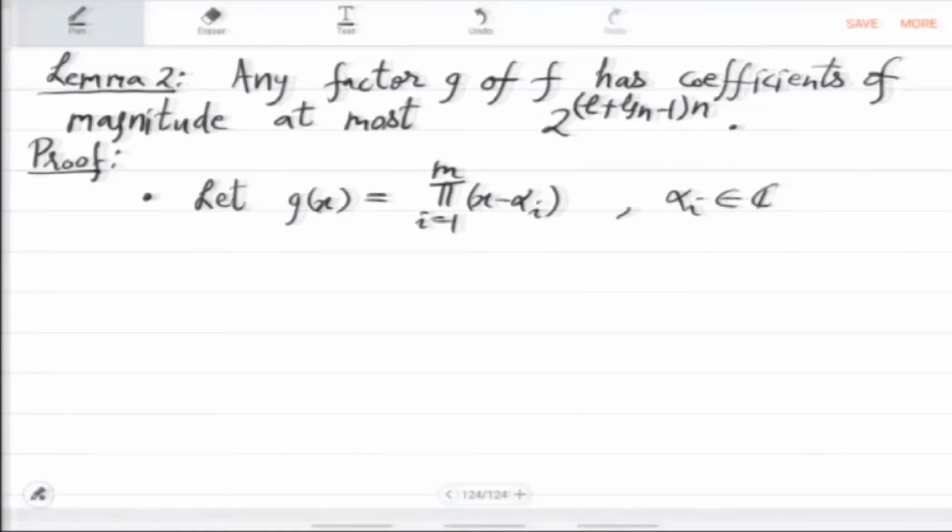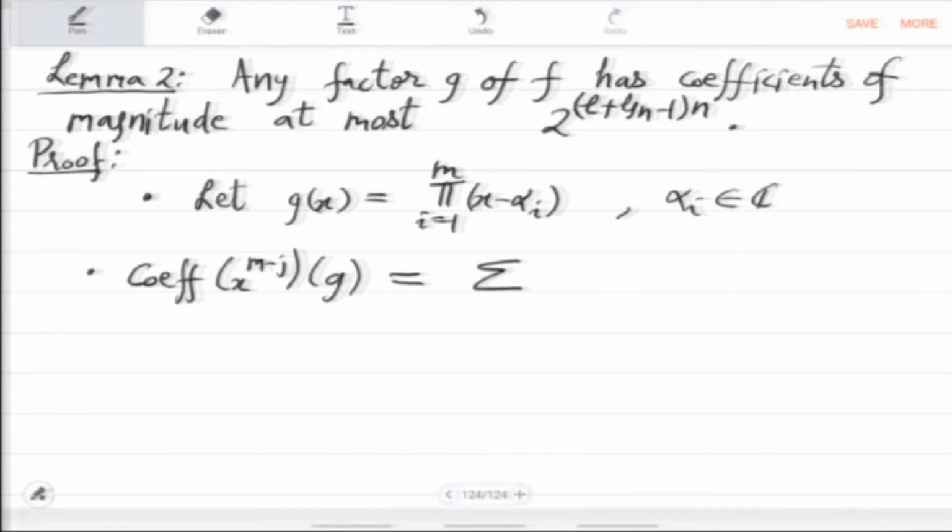So these complex roots multiply together and then you get integers, and for these integers we will have a bit size upper bound. So, consider this g(x), look at the coefficient of x to the m minus j in g. So, this is like picking j of these alphas and summing up.